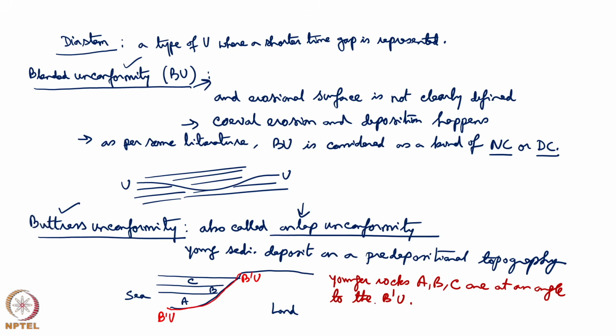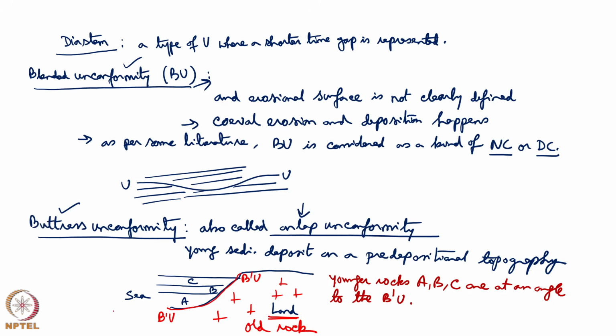And here what is the old rock? We have mentioned young rock or younger rock. What we mean by the old rock here is this land, and whatever is the rock material here we can designate it as the old rock.